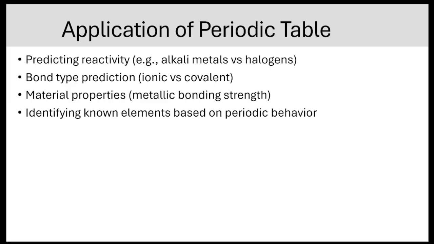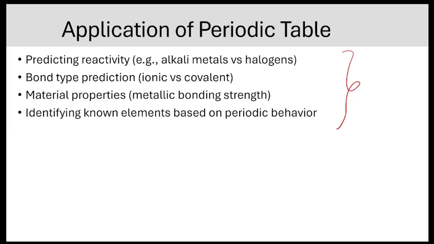If we want to point out all the applications of the periodic table, first we can predict reactivity. For example, group 1 is the alkali metals, and they have the lowest ionization energy, so we know they are the most reactive metals. When they come in touch with water, they explode and readily lose one electron, forming an ion.